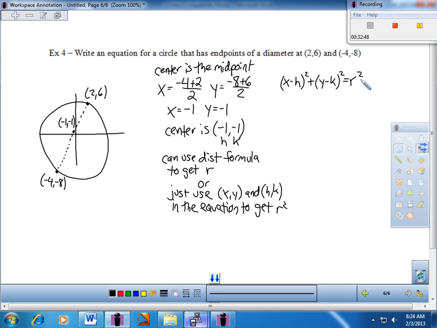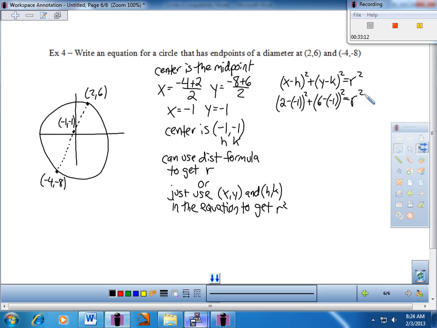I just found h and k, and I have an x and a y that I can plug in. That should get us this nicely. And that's what I'm going to do. So I have an x value of 2 minus -1 squared. And then I have a y value of 6 minus -1 squared. And that is equal to r squared.